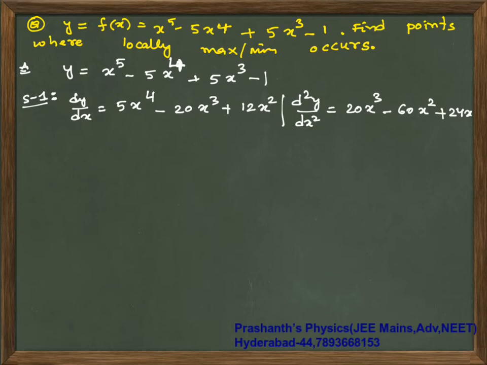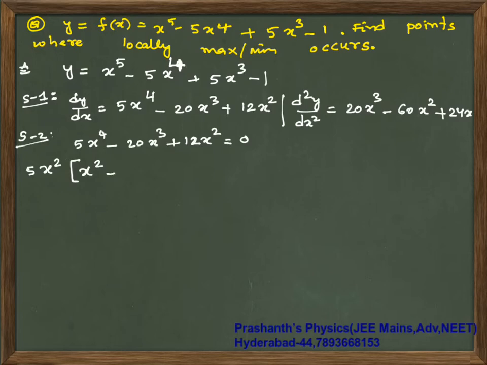Step 2 is calculation of critical points. So 5x power 4 minus 20x cube plus 12x square is equal to 0. Taking the common term 5x square, this becomes x square minus 4x plus 3 equal to 0.